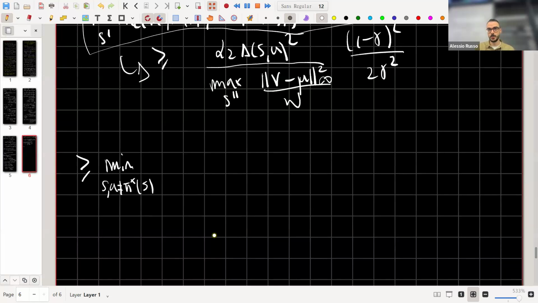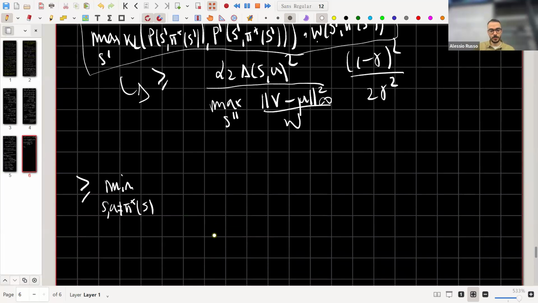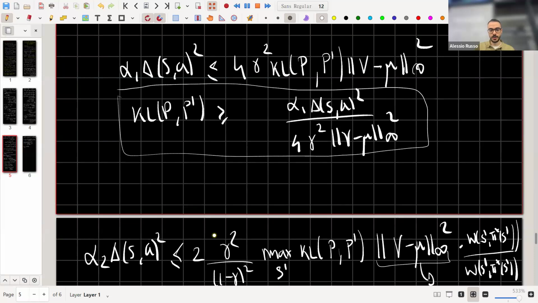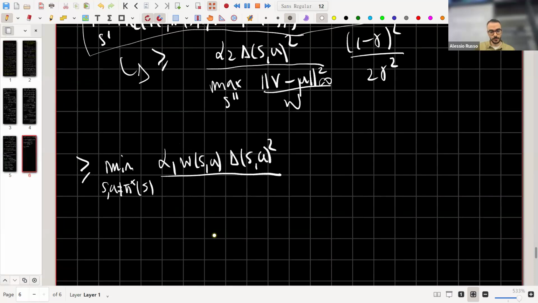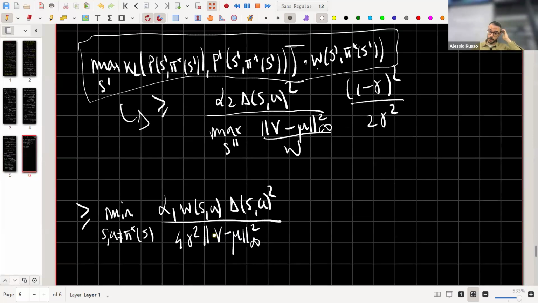So we always have this minimum over SA, where A is different from pi star of S. And then we have W SA alpha 1 delta SA squared divided by 4 gamma squared V minus mu infinity squared.